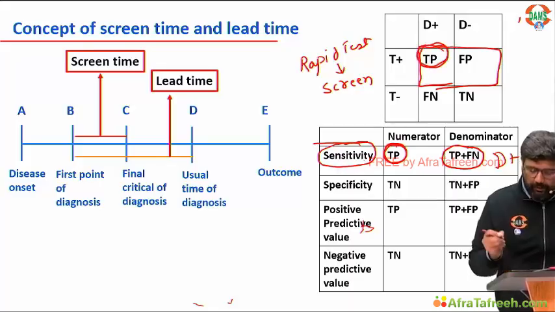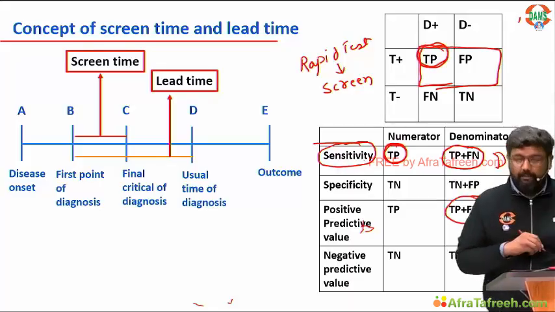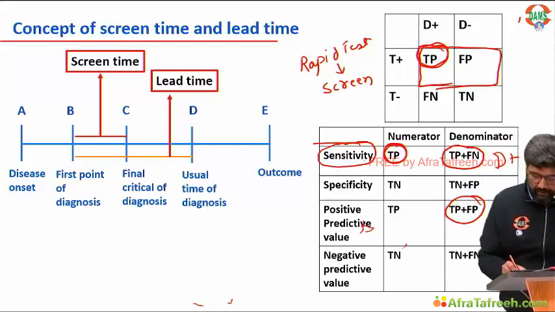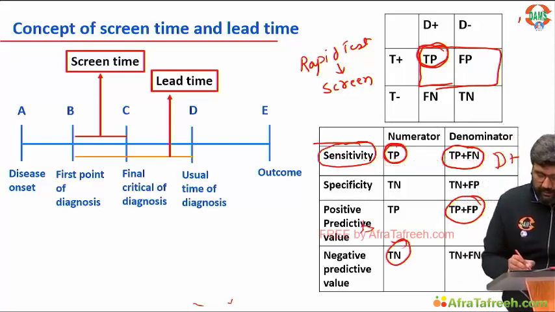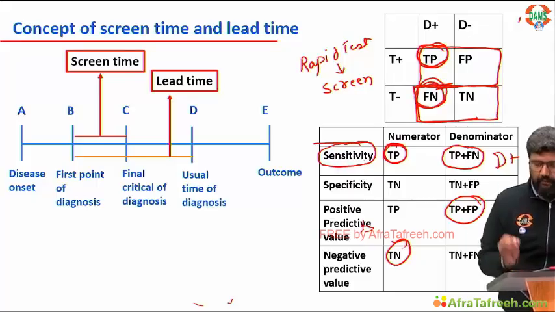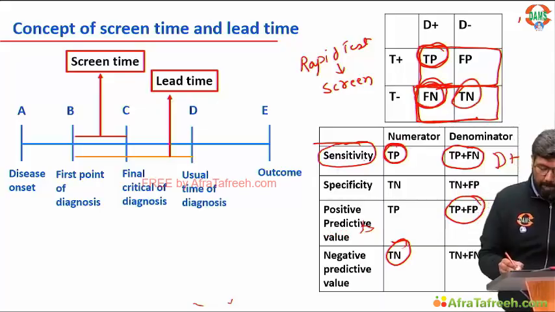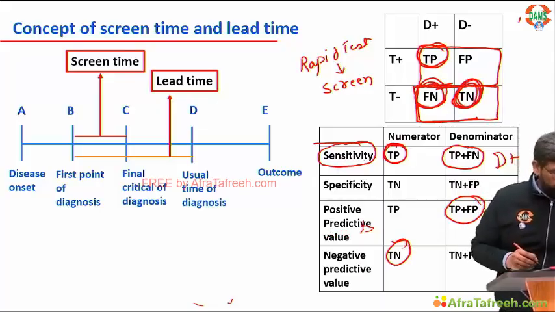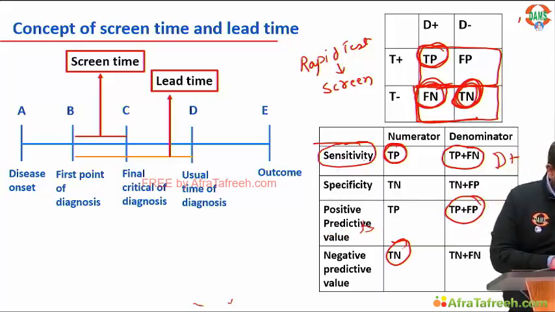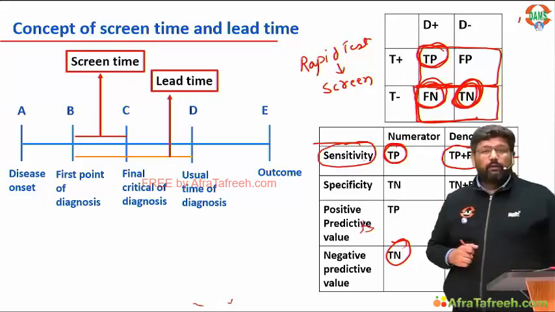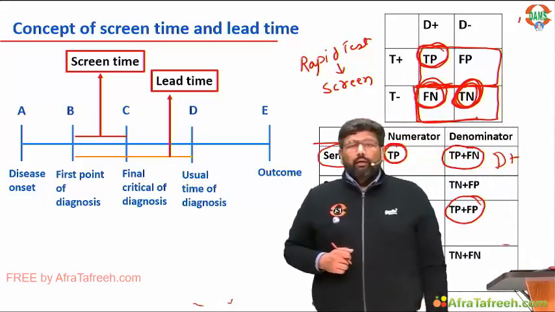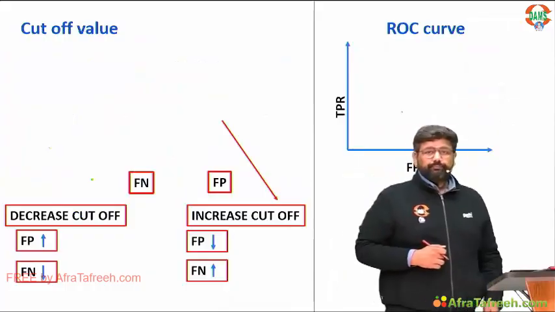So the denominator is true positive plus false positive. And what is negative predictive value? Out of total negative on the screening test, how many are true negative? Done? Okay.